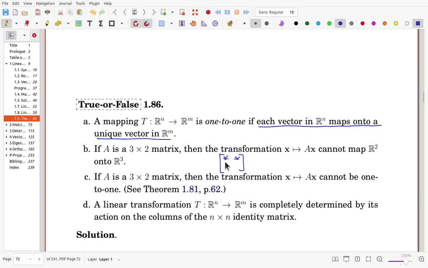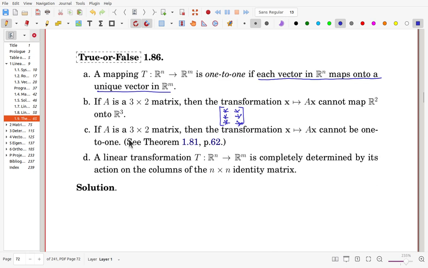If we count the number of pivots, then a maximum of 2 is possible. So at least one row will not have a pivot, so it cannot be onto. For some choice of right hand side b, it may not have a solution.